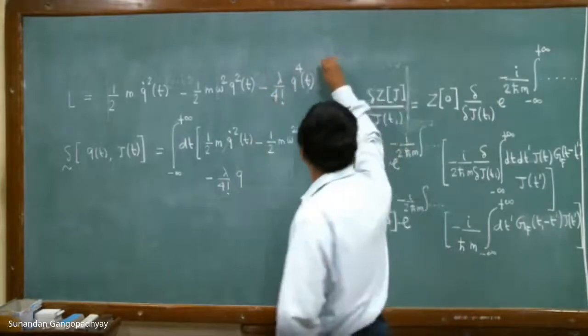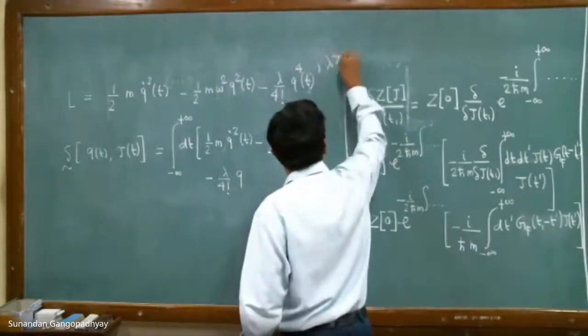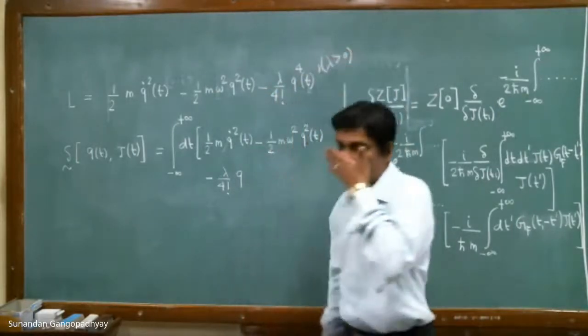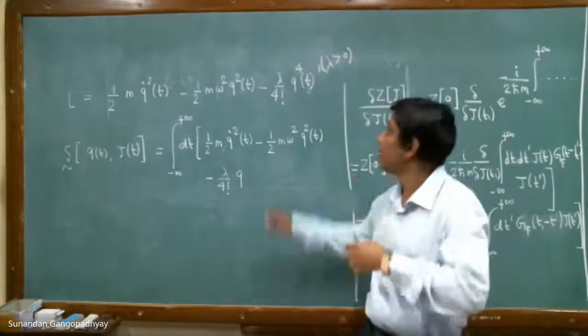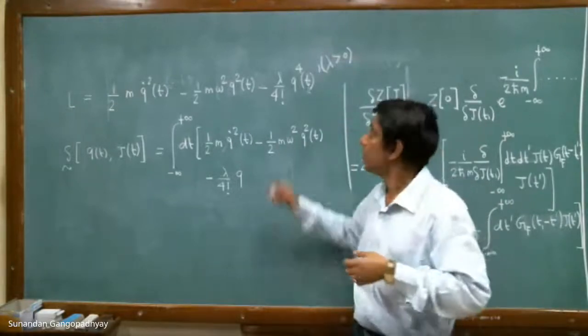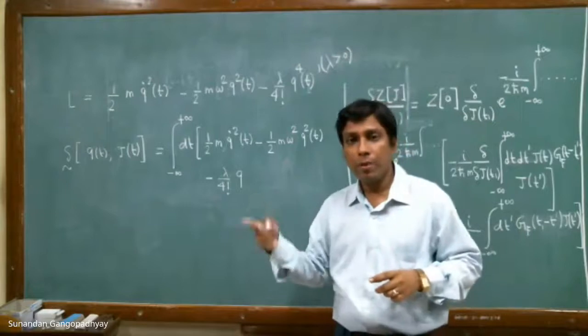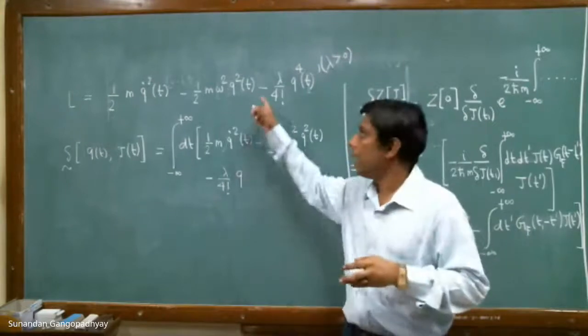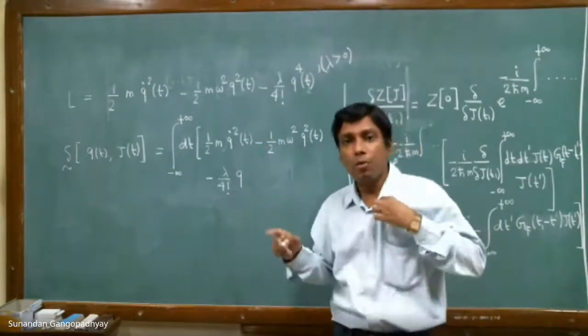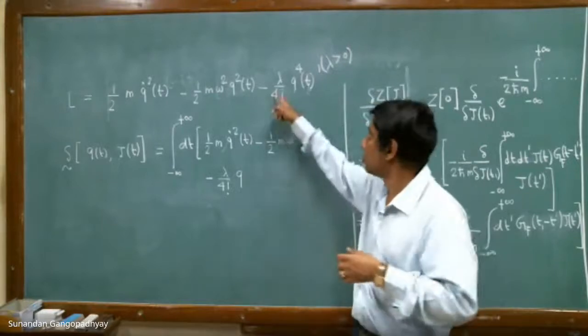Remember that lambda is greater than 0. I forgot to mention this, so keep in your mind that lambda is greater than 0. When you make the Legendre transform, the Hamiltonian will become plus lambda by 4 factorial q to the power of 4. So this will become a plus.